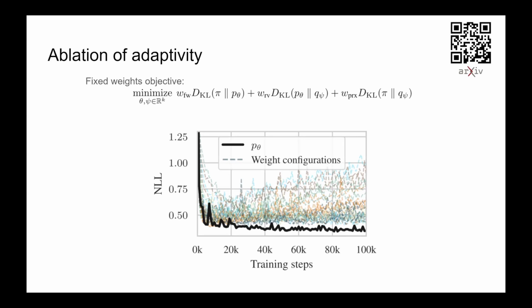And our adaptive method is this black line. So we measure the negative log likelihood over the training. And with some weights they do diverge, but the other weights are still not as accurate, not as good as our adaptive method. So we think this is pretty good evidence that this adaptivity is actually very beneficial.